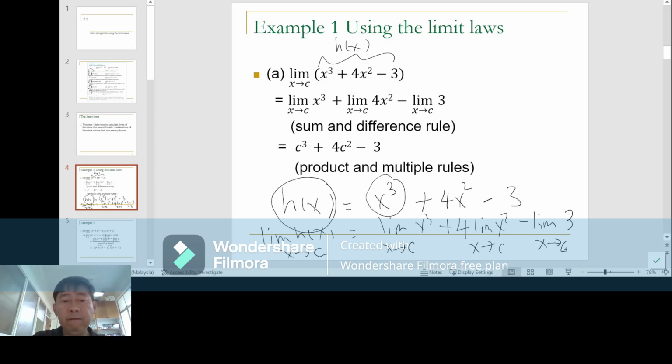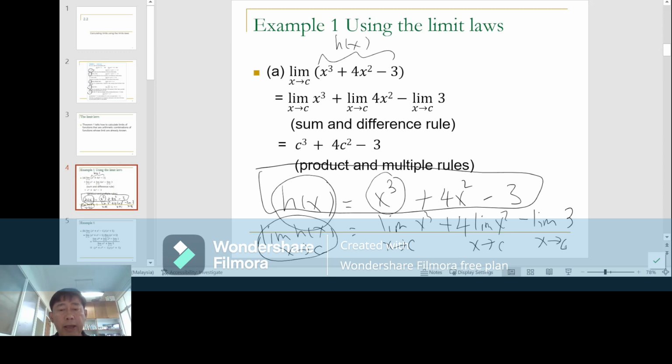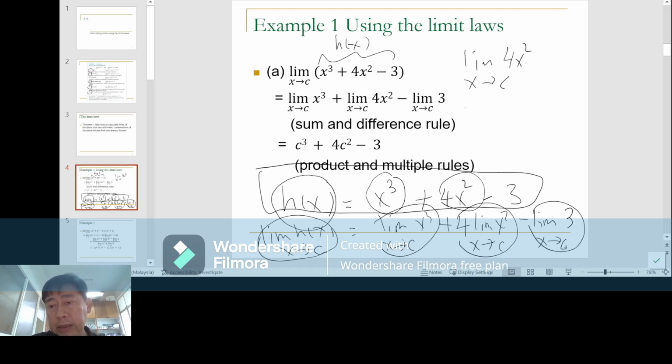Okay, so given this h function as the sum of 3 different functions, the limit of function h can be expressed as the sum of the individual functions. And for this particular case, the limit of the function 4x squared when x tends to c is written as 4 times the limit of the function x squared when x tends towards c.